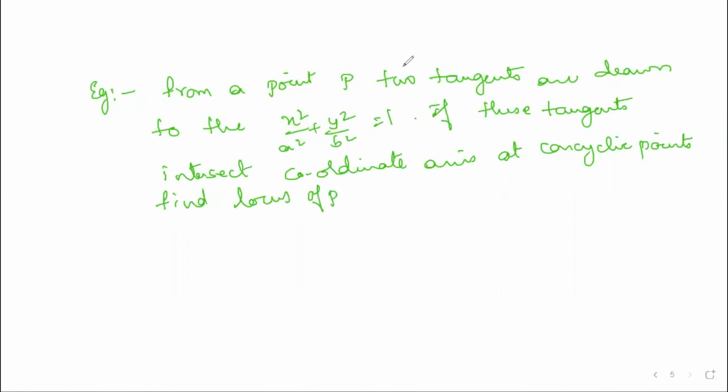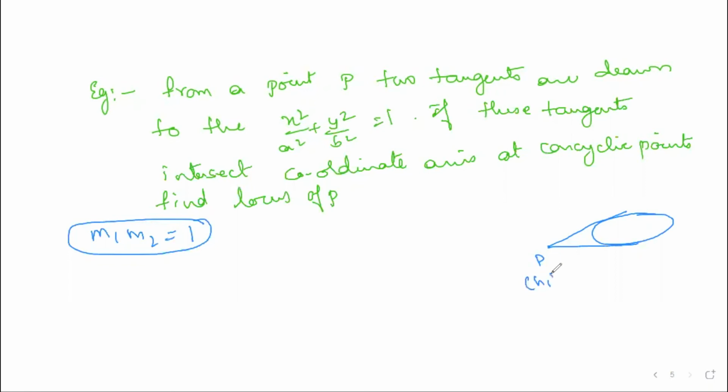So we have learned another condition, that m1 m2 will be equal to 1 if the lines intersect the coordinate axes at 4 points and they're concyclic. So we are going to use that condition. Let's say we are taking an ellipse here and we are drawing the pair of tangents from the point h comma k. So we are finding the locus of this P now.